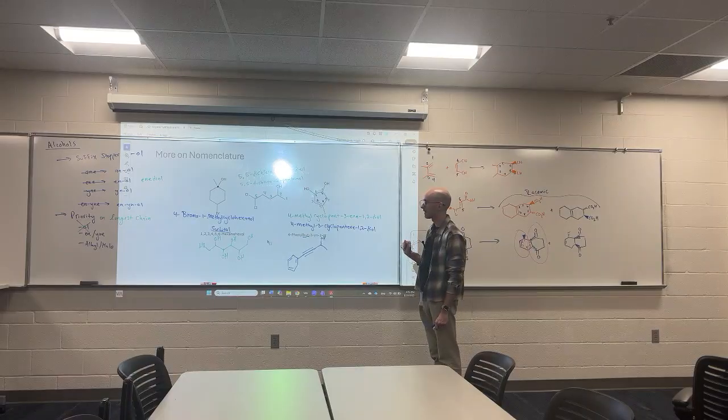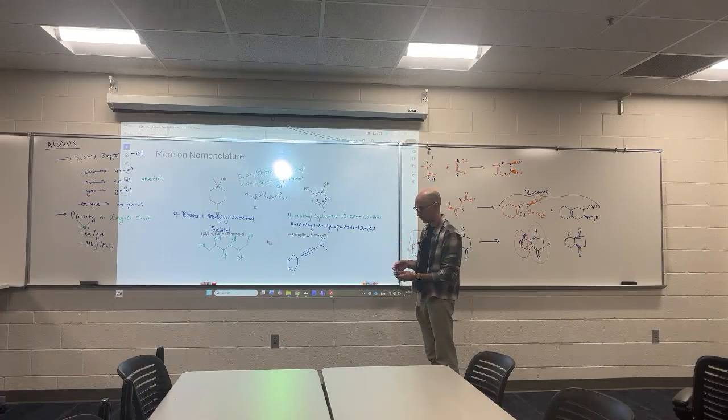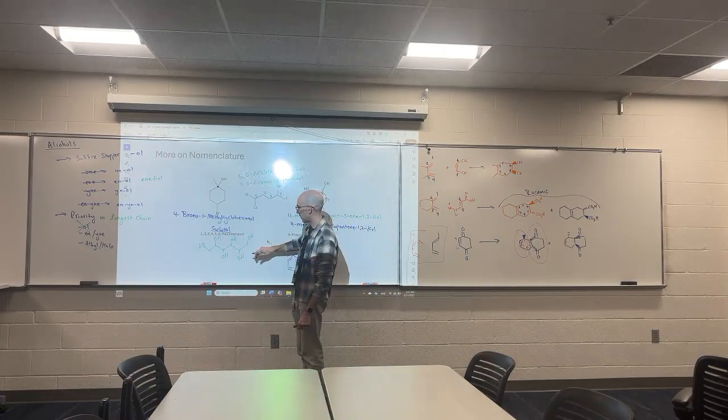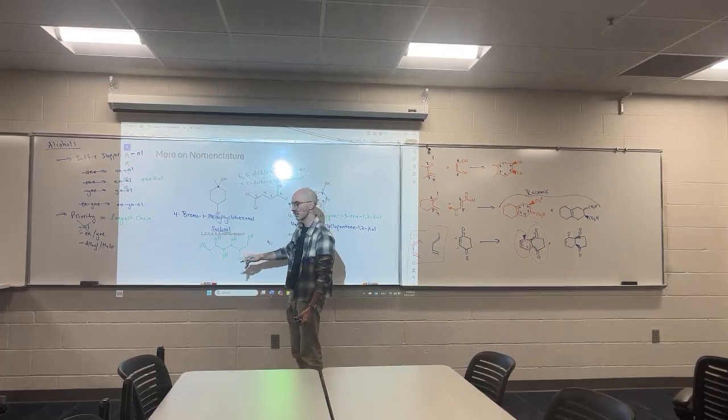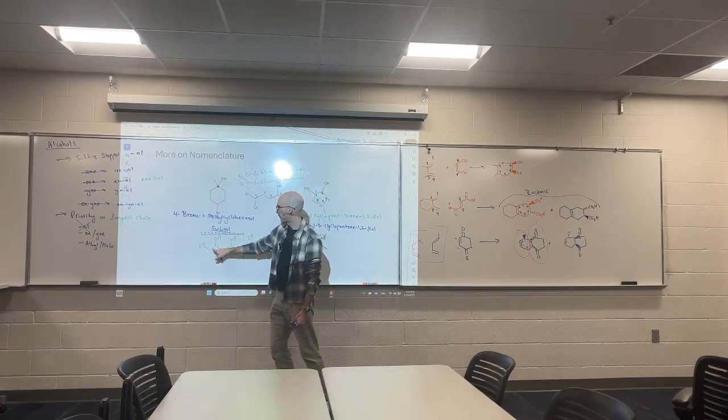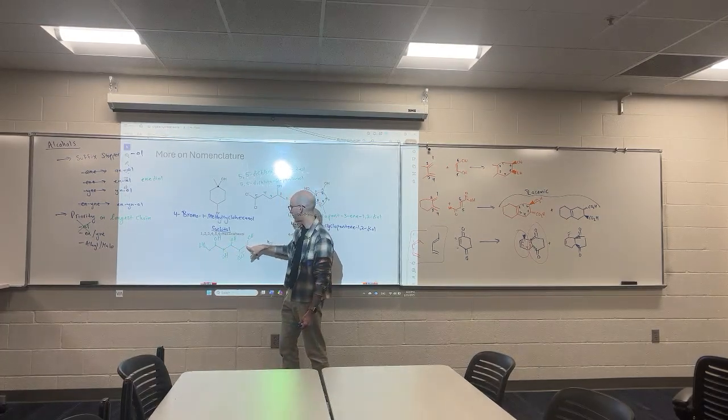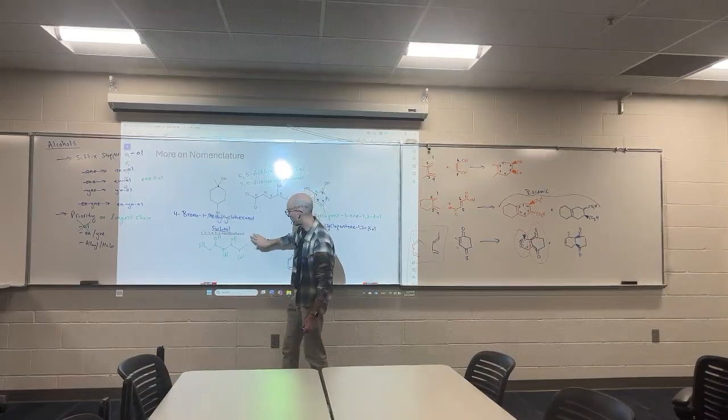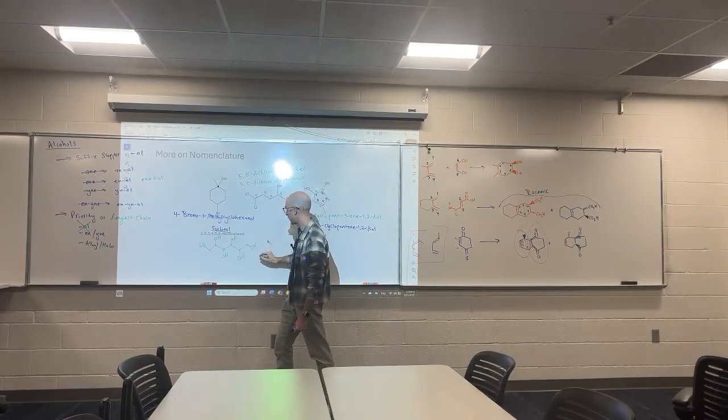I count 6 carbons. Do you want me to have the alcohols pointing a little differently? 1, 2, 3, 4, 5, 6. I mean, I could have this alcohol come down. That's just a different conformation.